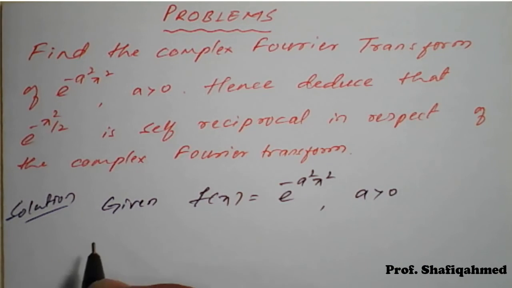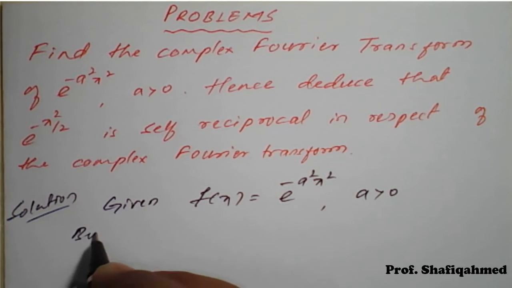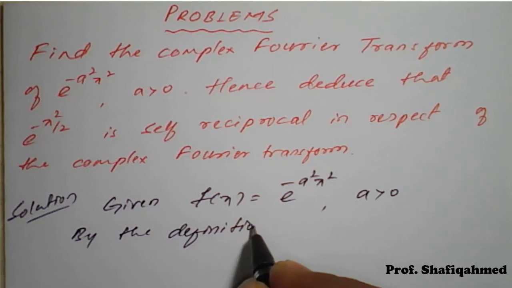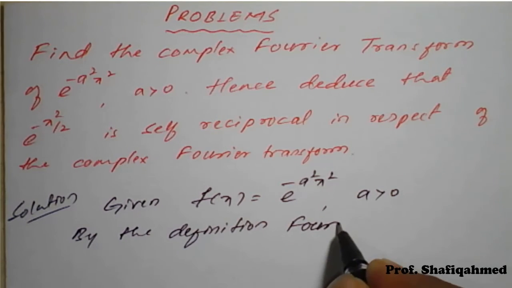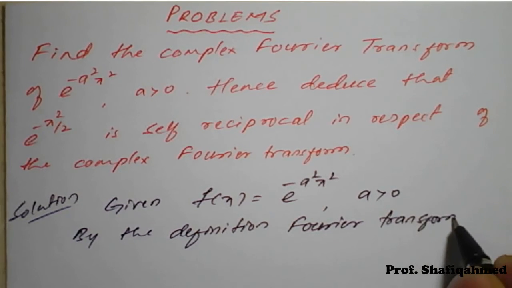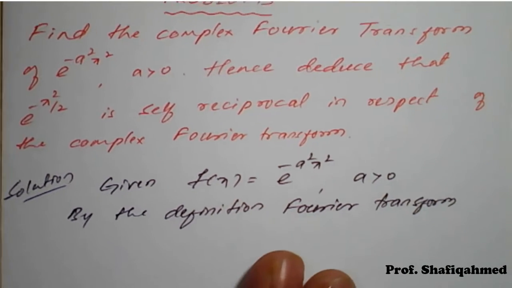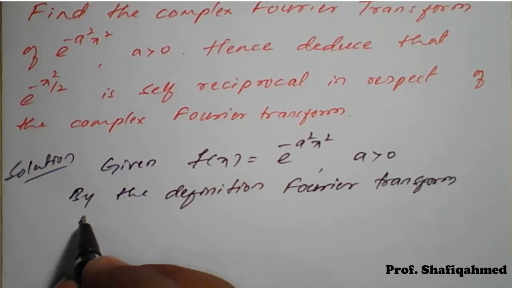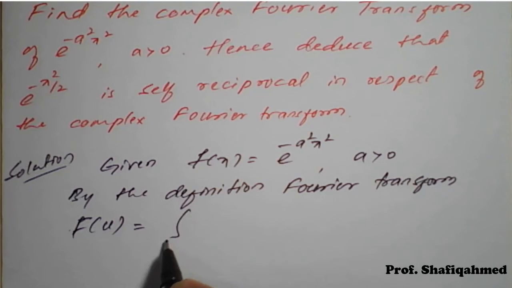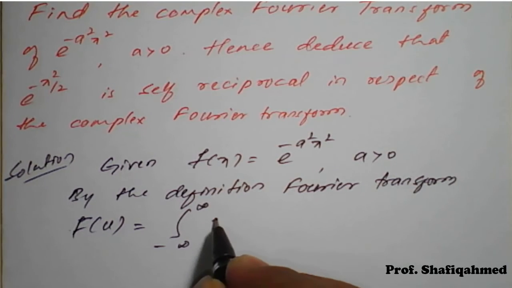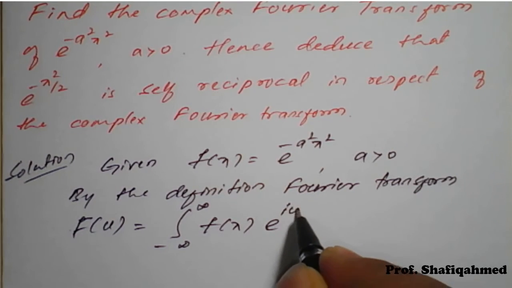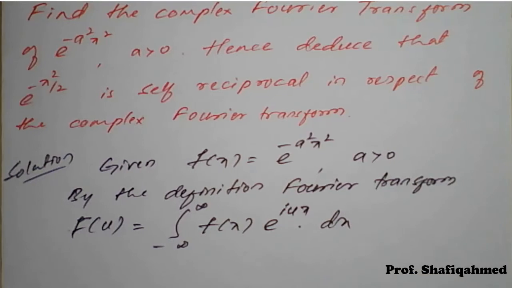So by the definition of Fourier transform, capital F of u is equal to the integration from minus infinity to plus infinity of f of x into e raised to i u x into dx.